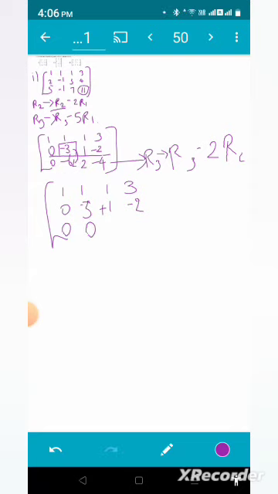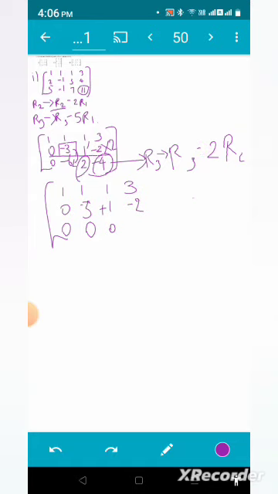So I can get 0 for this. 0 0, R3 minus 2R2. So 2 minus 2 is also 0 here. So 0. Then minus 4 into 2, that is minus 4 of here 1 minus and here 1 minus, so that is plus.